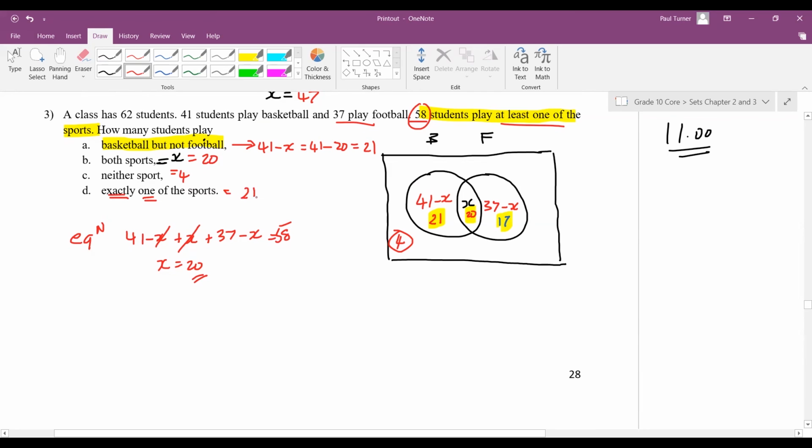So 21 plus 17, which is 38 there. Okay, so that's your answer for that one. For 38 and then 21, that's how you get them. But I think if you can get this diagram correct here, then you should have no problem getting the answers, because all the answers just come from the diagram anyway.